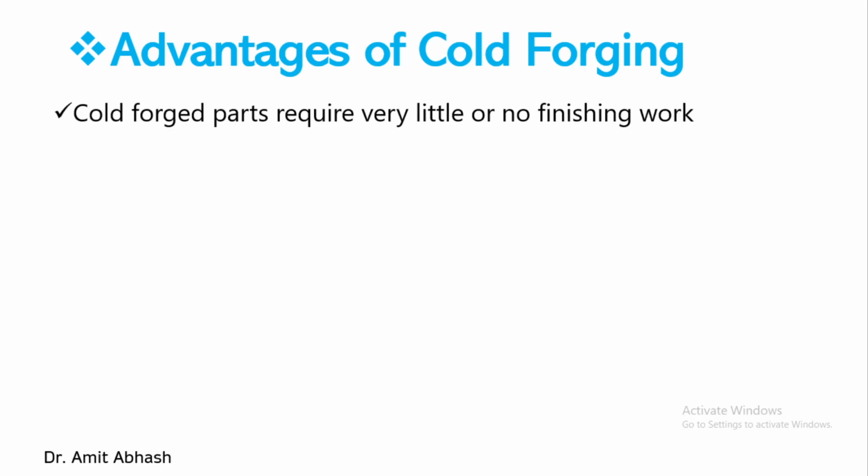Just try to understand the things. In hot forging, we work at a very high temperature, and at high temperature there is a chance of forming oxide. The reactivity of that particular metal or material increases, and the oxide that forms at that temperature may deteriorate the sample because of the properties of the oxide.